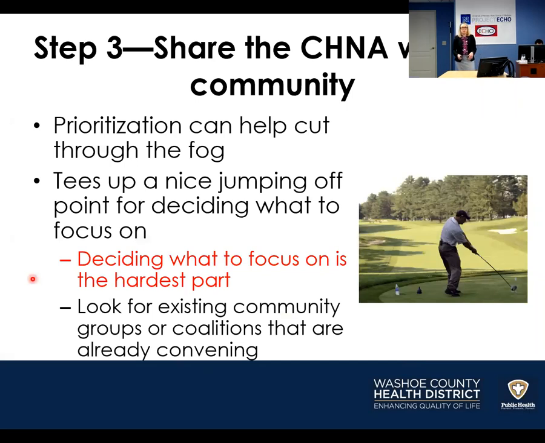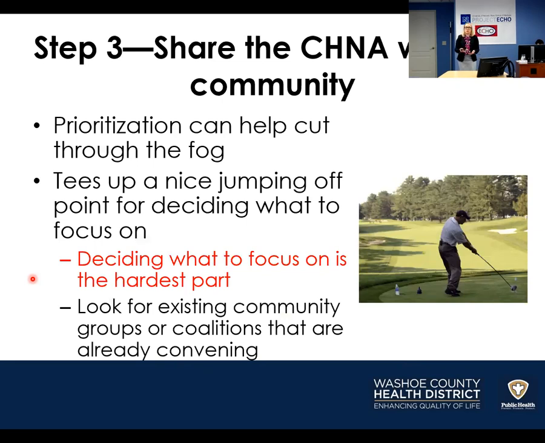Want to also encourage folks to look for existing community groups or coalitions that are already convening. So in Washoe County, we looked to a group called Truckee Meadows Healthy Communities. They were a cross-sectoral coalition, and they have a really wide variety of representation: business owners, government, nonprofits, law enforcement, healthcare providers.